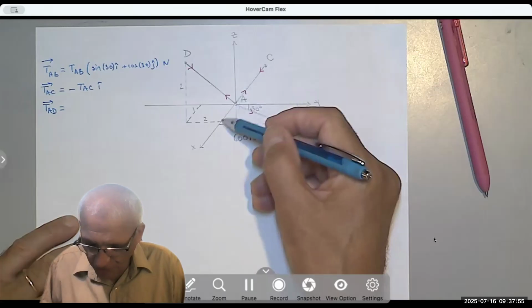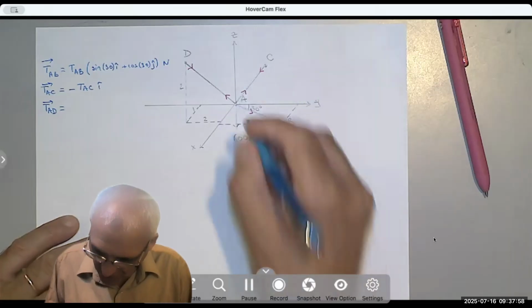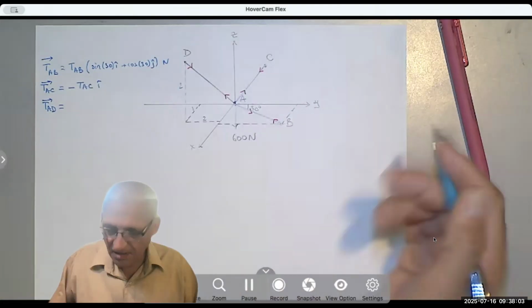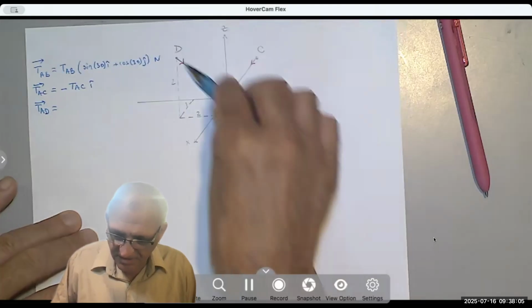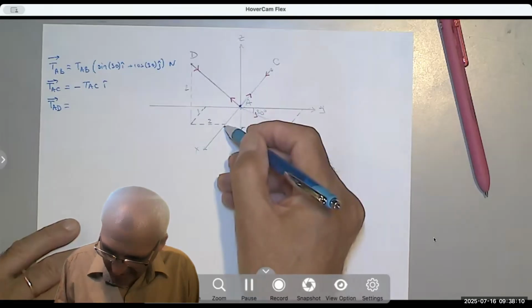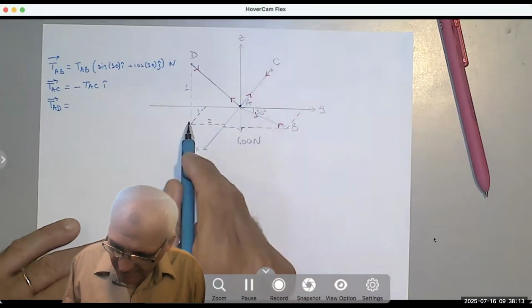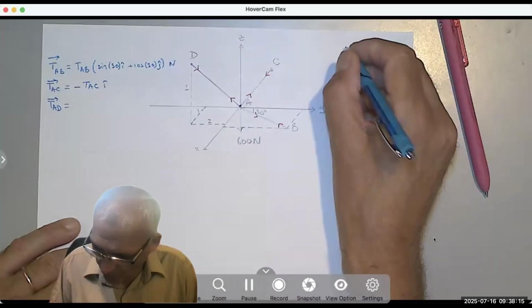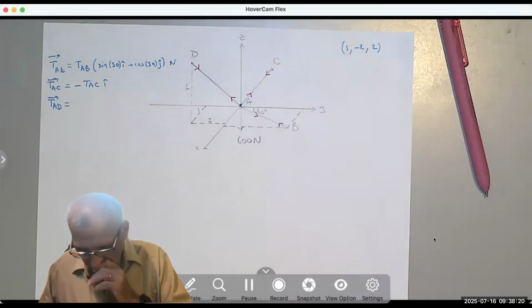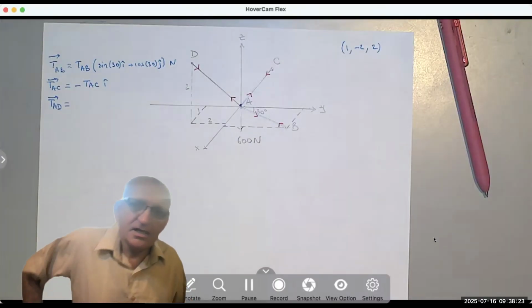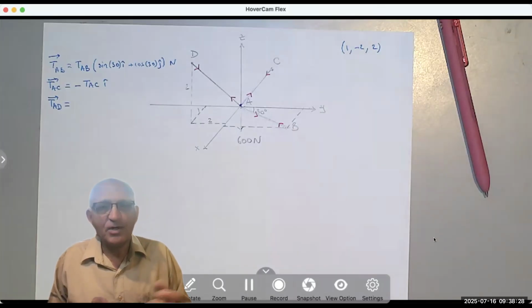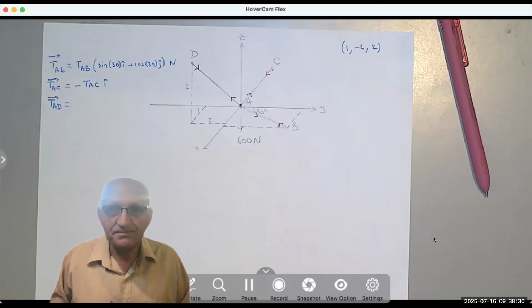Notice TAD makes 2 units. So this point is 0, 0, 0. So the coordinates of D are just the vector AD, right? So you're going 1 along the X, negative 2 along the Y, and positive 2 along the Z. 1, negative 2, 2. I'm going to show you a trick that we usually use if we want to make the problem easy and the numbers integer.